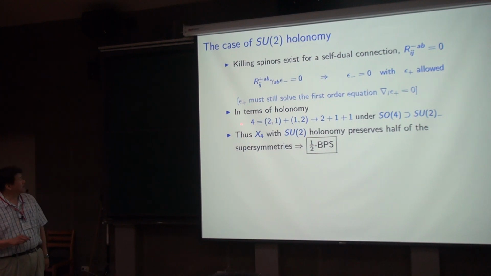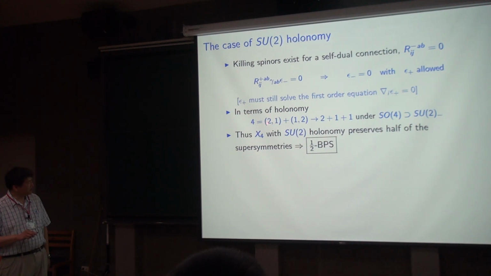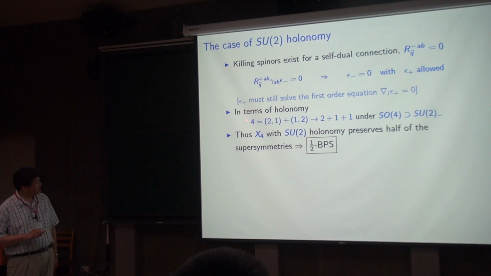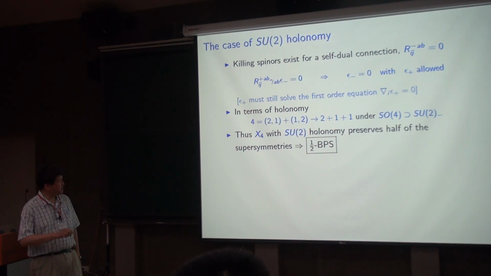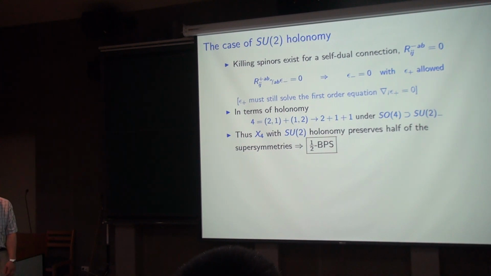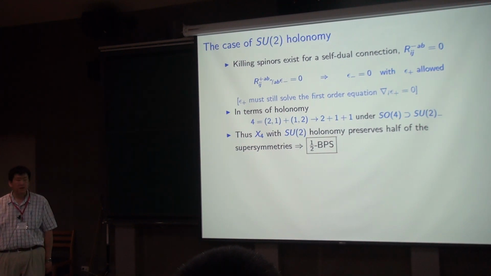So what I've done, by choosing a self-dual connection, or choosing R minus equal to 0, is take my SO(4) holonomy and break it down to SU(2) only. I just focus on the SU(2) minus. I have a doublet here, and this is a singlet of SU(2) minus, so this is a doublet of SU(2) plus. If I ignore SU(2) plus, this is really two singlets. So the four-dimensional spinor decomposes as 2 plus 1 plus 1 under SU(2) minus.